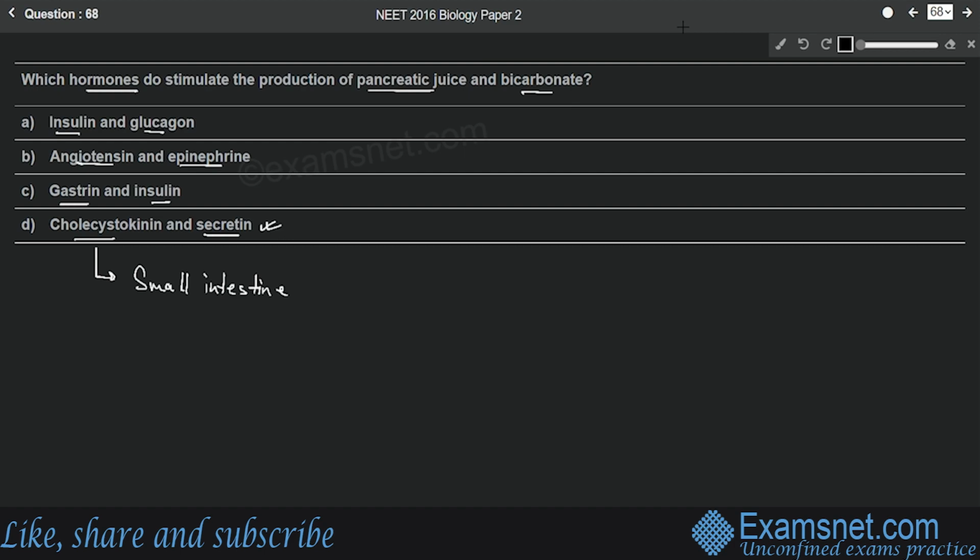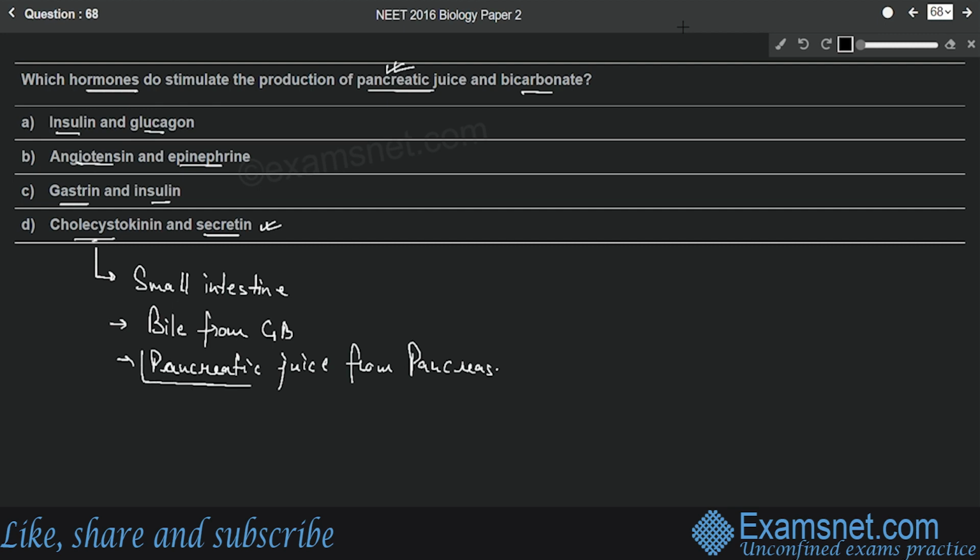This way it helps in the release of bile from the gallbladder and pancreatic juice from the pancreas. So the first one is done. The question says which hormones stimulate the production of pancreatic juice. So yes, cholecystokinin helps in the production of pancreatic juice.